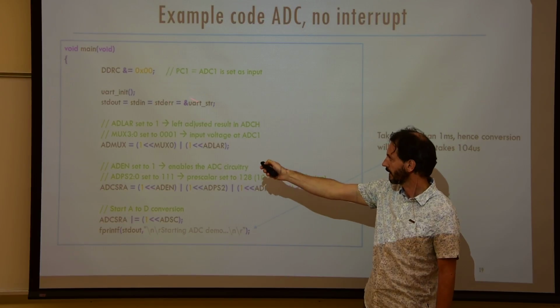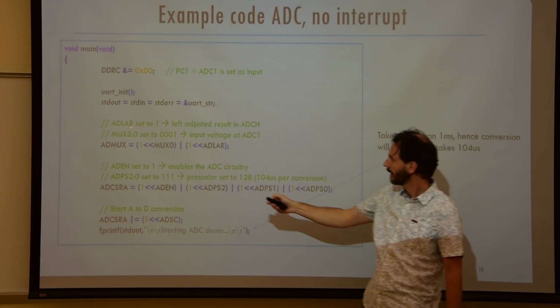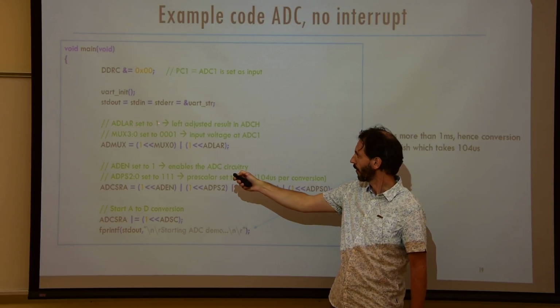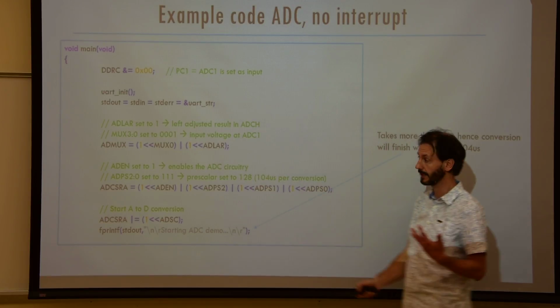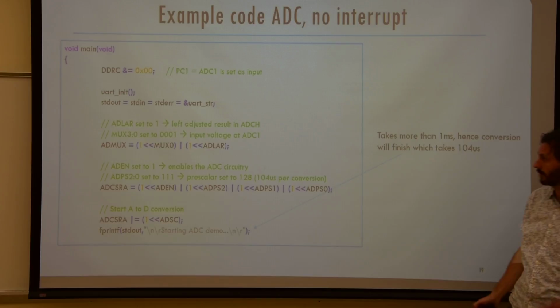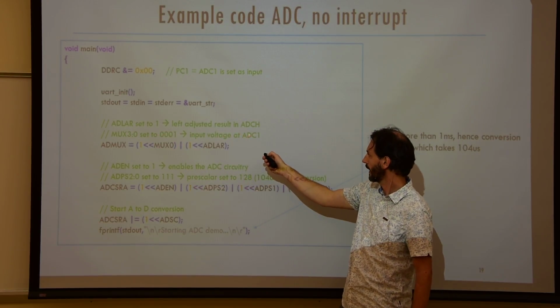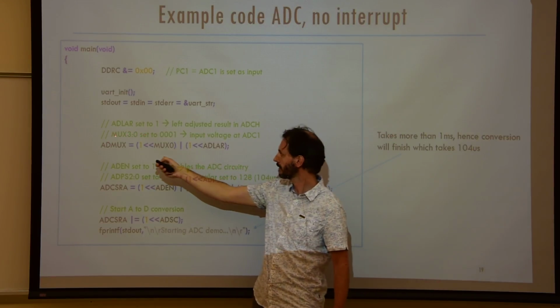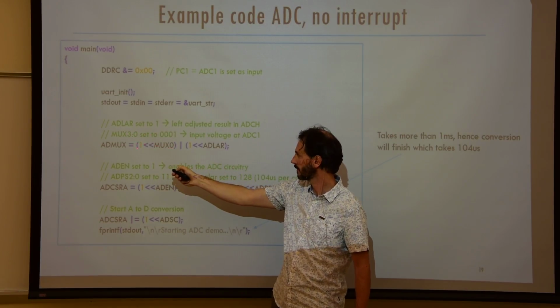I would like to initialize the UART, and then it comes. Here ADLAR is set to 1, and we're going to do the left adjusted result in ADCH. So we will have an 8-bit precision. That's what we're going to use. We want to set the input voltage to ADC1, and that means that the mux needs to be set to 0001, and that's what we do here.